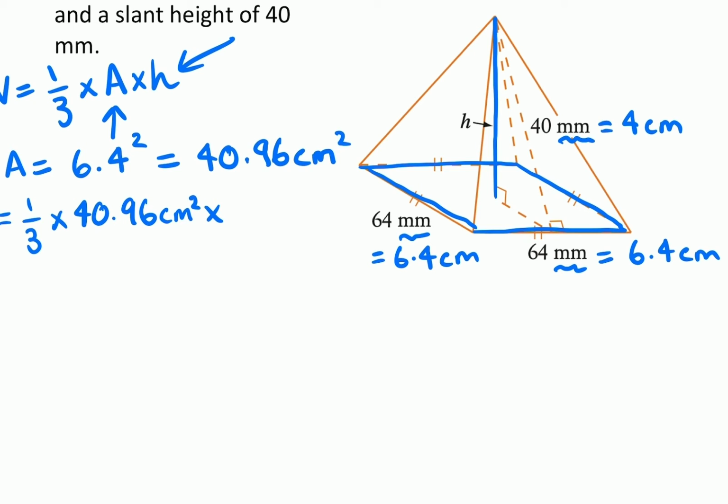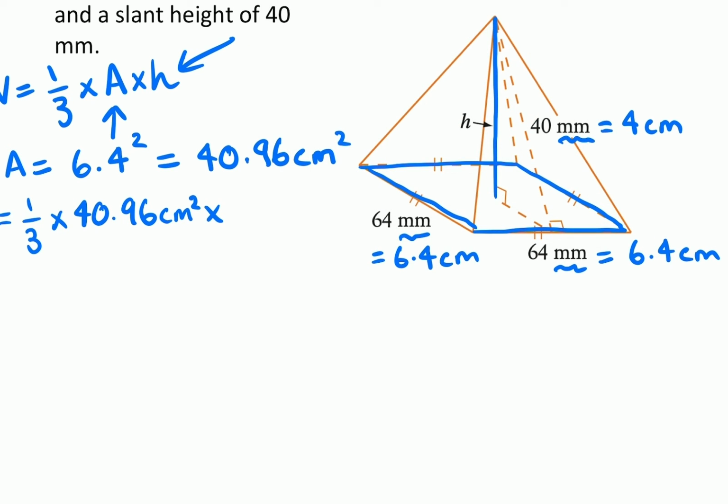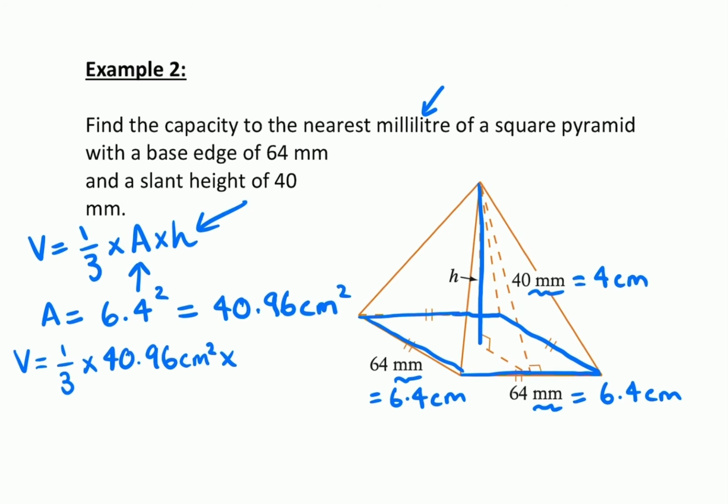We look at what they have given us. They've told us that the slant height here is 40 millimeters. Okay, so we've got the slant height. And what we're trying to find is this height here.